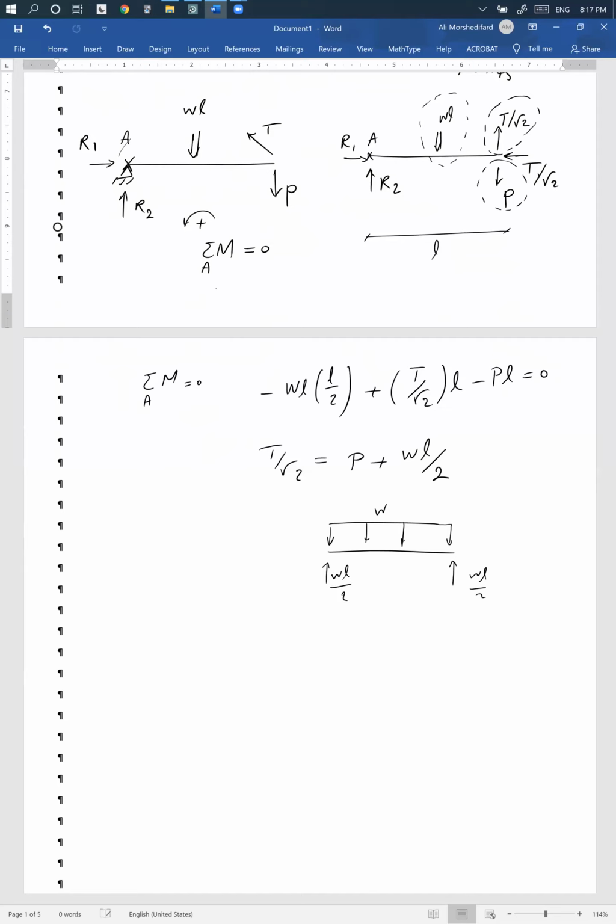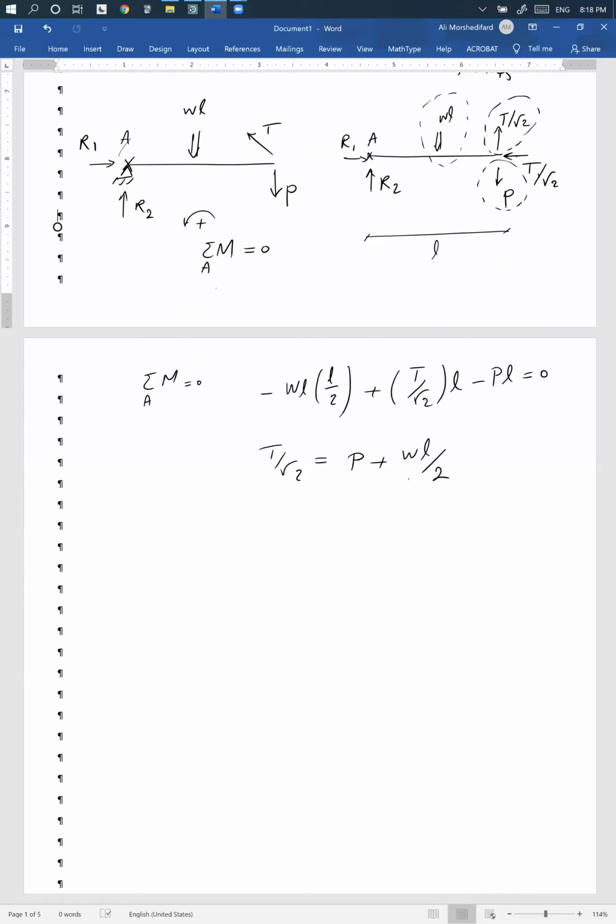This WL is coming from here, and there's one P, all of which goes to this T over square root of 2, the vertical component here. Any questions? You can either write in the chat or raise your hand.